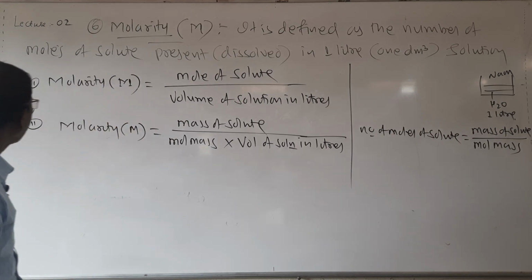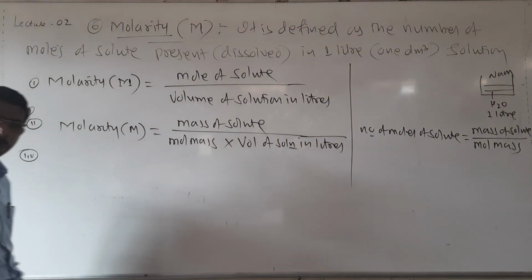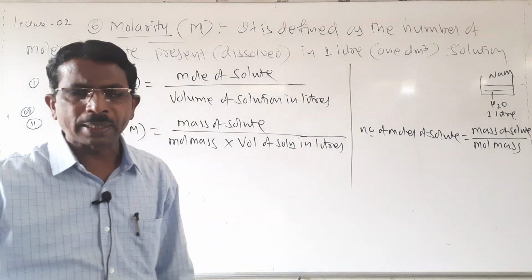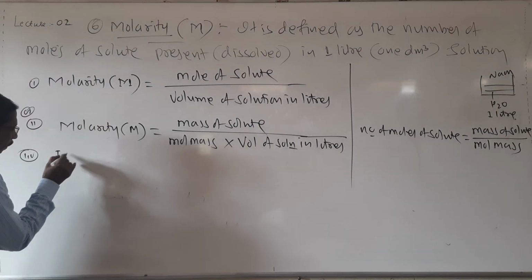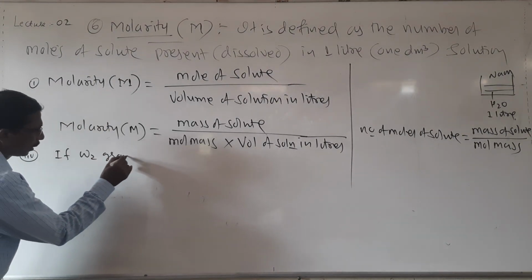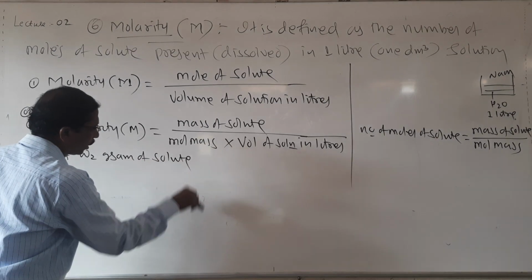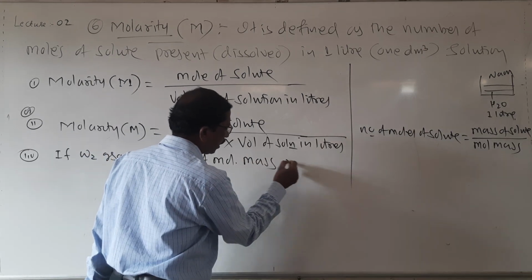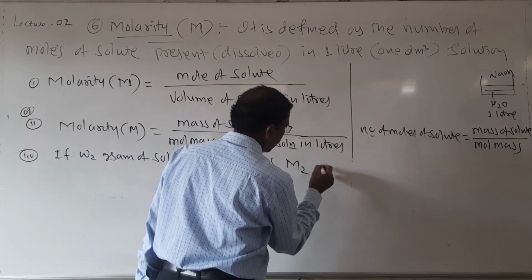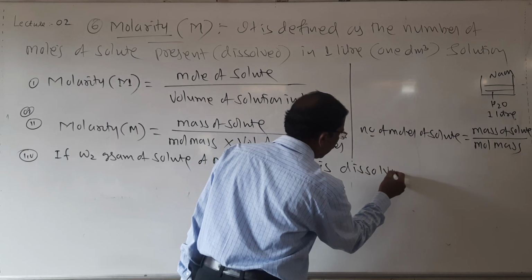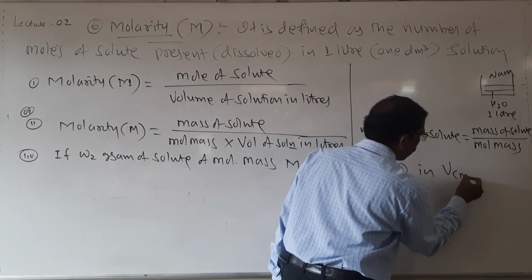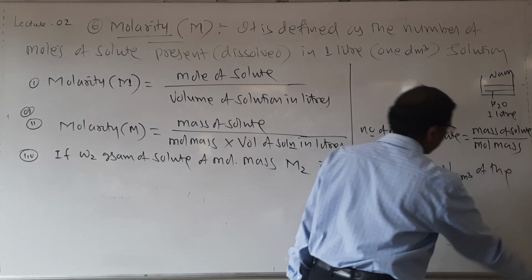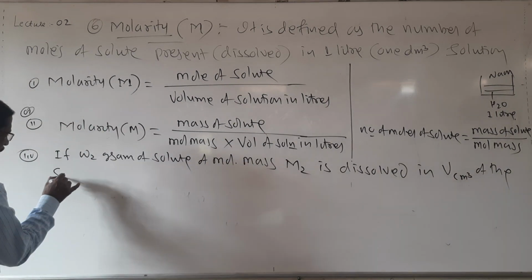So another simple way is there. The molarity can be calculated if W2 gram of solute of molecular mass M2 is dissolved in V cm cube, V cubic centimeter, of the solution.